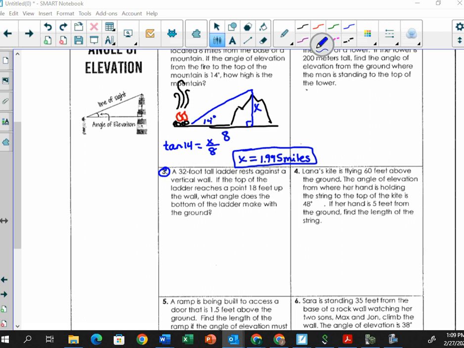Wait, for number 3, is this 32? Yep. Yes, 32.